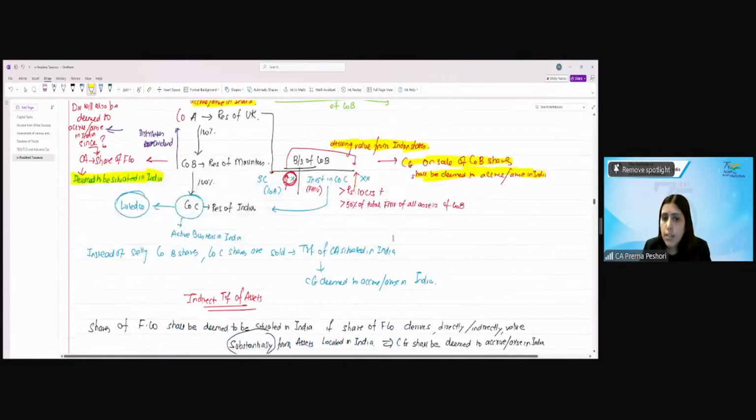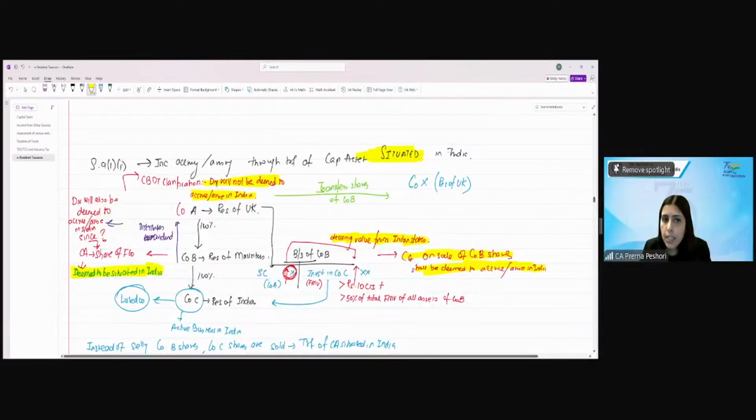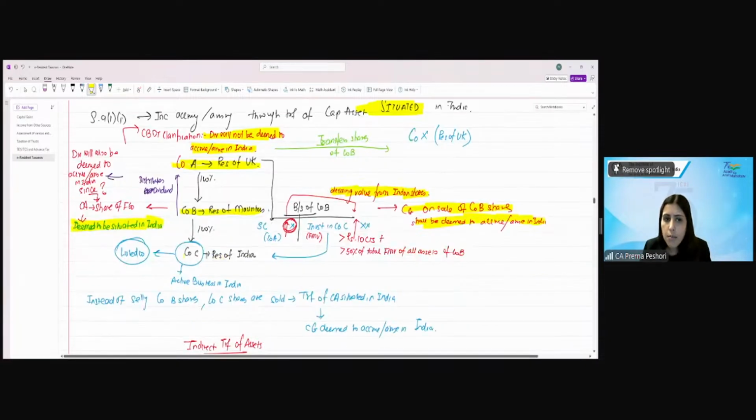Now coming to this income through the transfer of capital assets situated in India. Let's say, for example, there is a company A, which is a resident of the UK. It has a subsidiary company B, which is a resident of Mauritius. And that has a company C, which is a resident of India, another subsidiary. Now if you look at the balance sheet of company B, which is a resident of Mauritius, it has the share capital, which is held by A because this is a subsidiary of A, right?